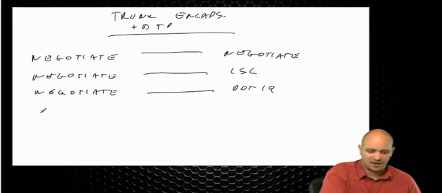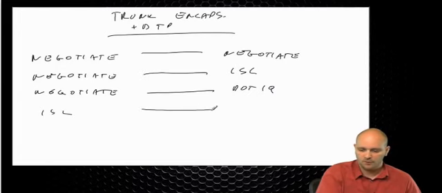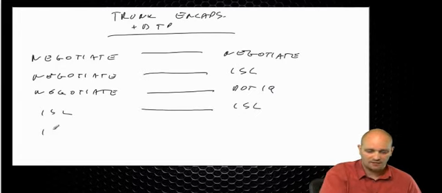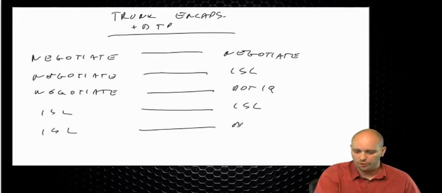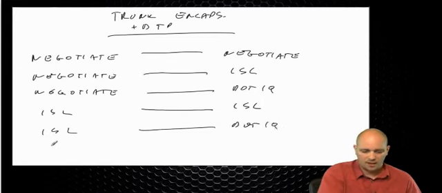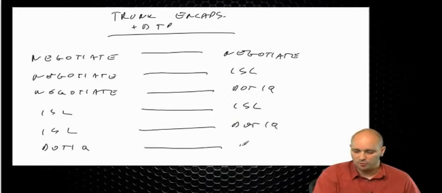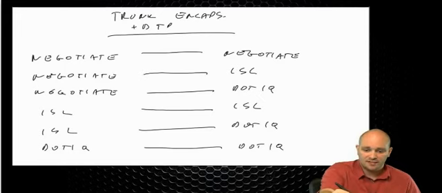You can have ISL that speaks to ISL. You can have ISL that speaks to .1q. And you can have .1q that speaks to .1q. Now, if we have this situation here, the trunk will be okay and the negotiated protocol will be ISL.